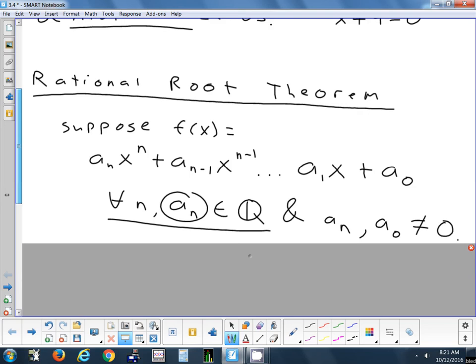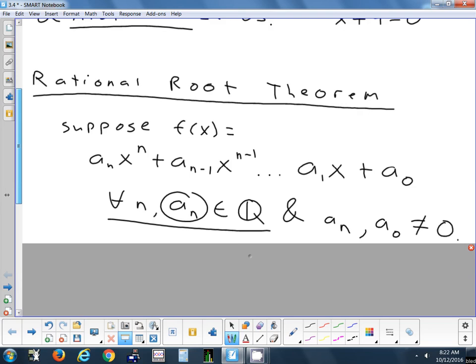A sub n minus 1, a sub n minus 2, all the way down to a sub 0. Every one of those numbers has to be rational. So in other words, all your coefficients have to be rational numbers. That's what this first statement is saying. It's just saying it using symbols.